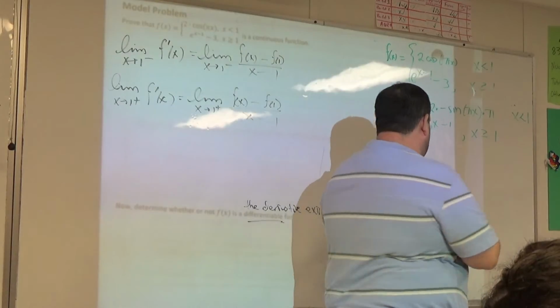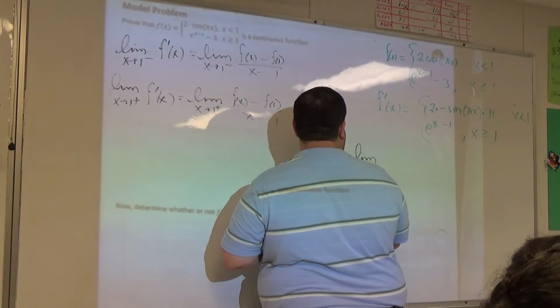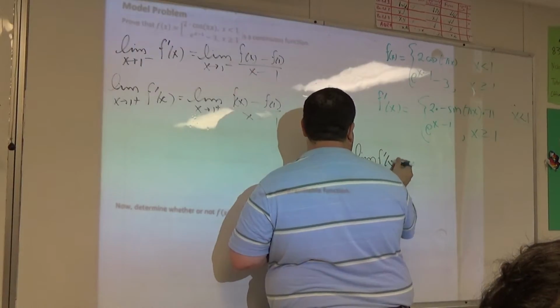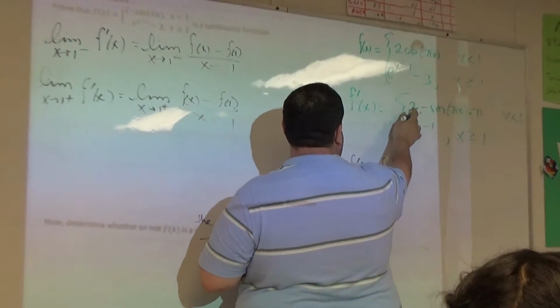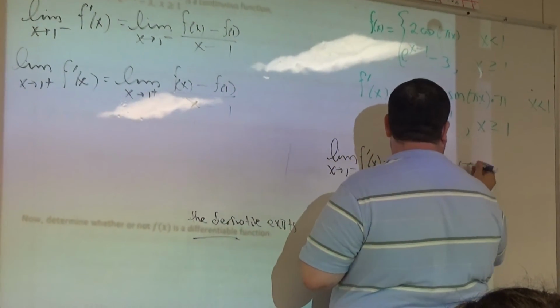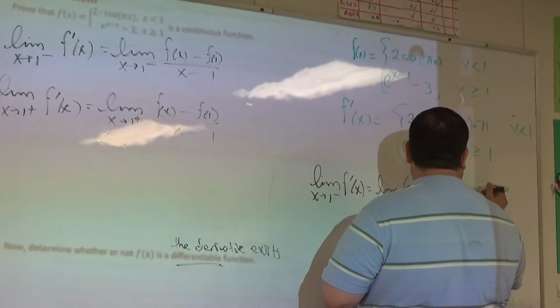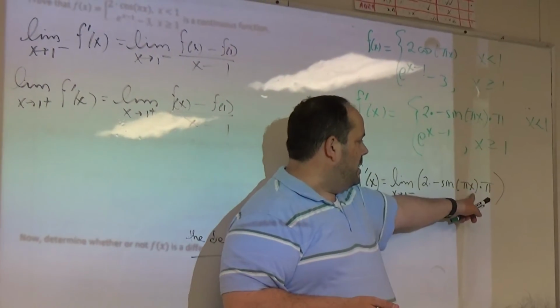So all I have to do when I ask the question, what's the limit as x approaches 1 from the left of f prime, is go to f prime and find that limit of 2 times negative sine pi x times pi as x gets close to 1.